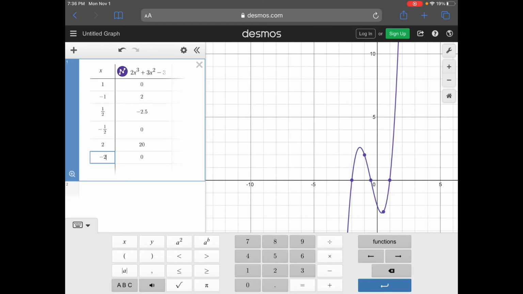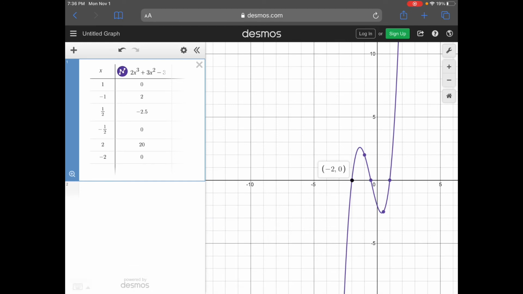And I can see that I get 3 zeros by looking at my table. 1 is a 0, and -1/2 is a 0, and -2 is a 0. So I have 3 zeros right here from my table. I can also see those 3 zeros here. So -2, -1/2, and +1.